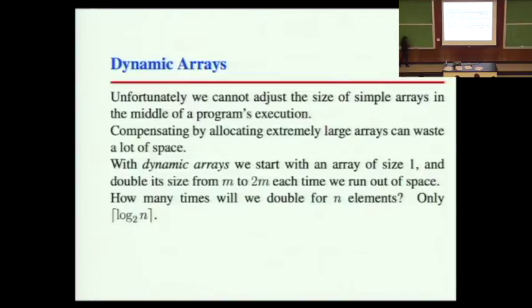What is 2 to the 5? 32? All right, thank you. What is 2 to the 6? 64. So when I go from 32 to 64, you can see I can do 32 inserts before I actually need to double. So it's definitely better than n squared, because n squared means that every step I am doing n amount of work, so I'm doubling every step, so I get n squared.